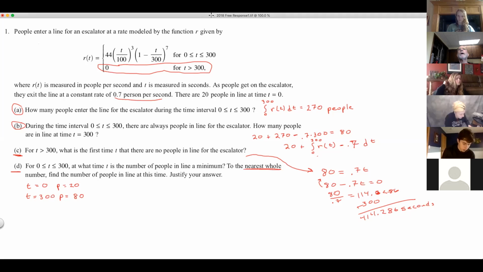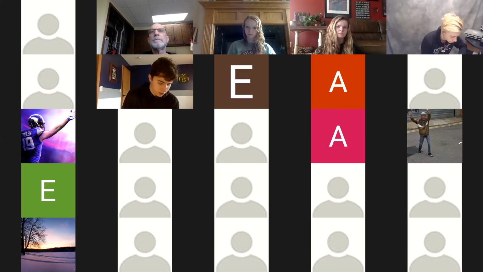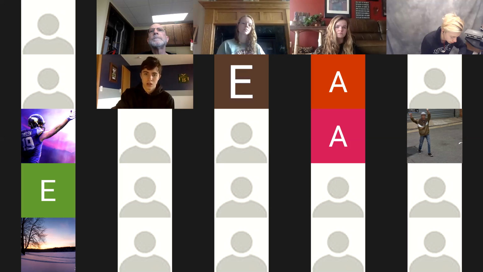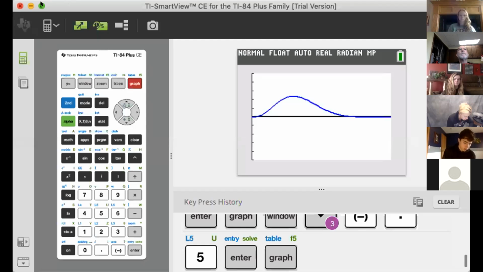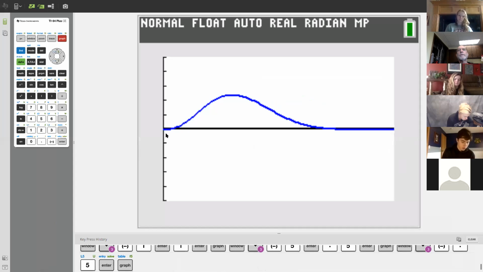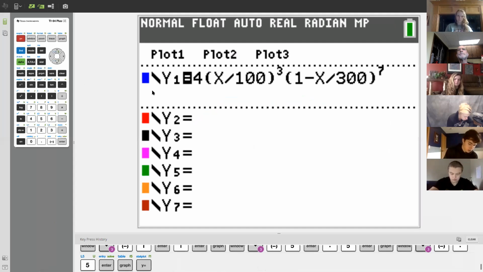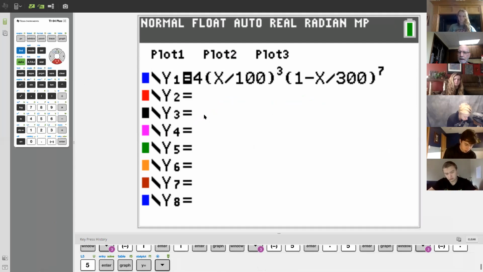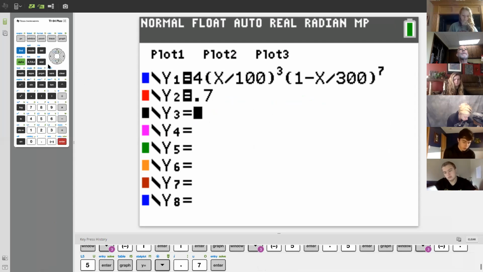So I'm going to show you my calculator. Can you see it? Yep. So this right here is R of t, and this is the amount that's being taken away. I think I showed you this yesterday.